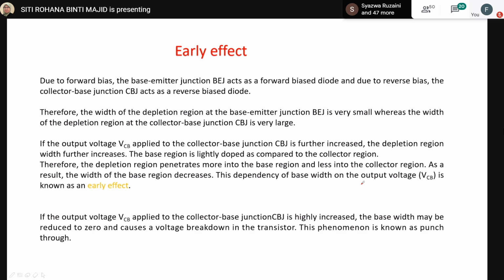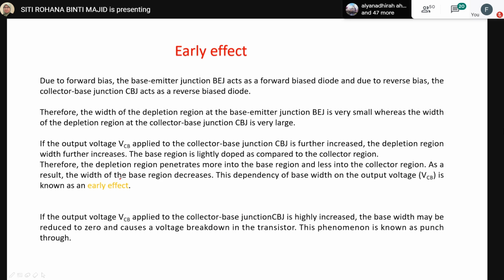Lastly, there is the early effect, which is due to the forward bias of the base-emitter junction. Again, you should know that there is forward bias and also reverse bias. These affect the depletion region, which refers to the BEJ or CBJ.